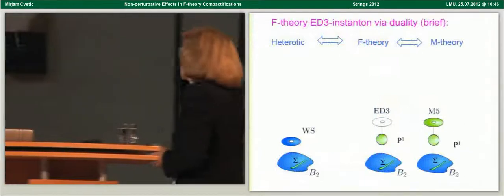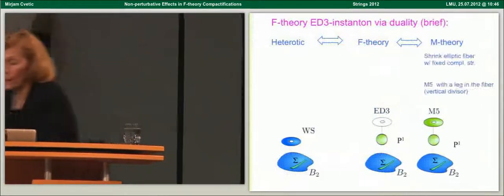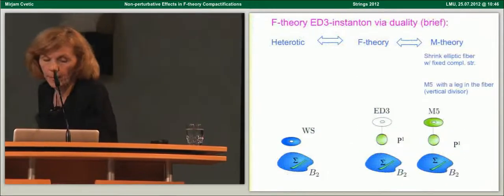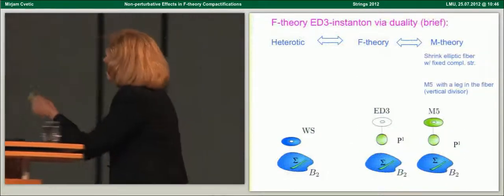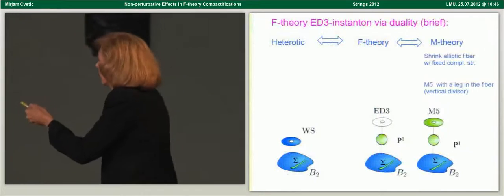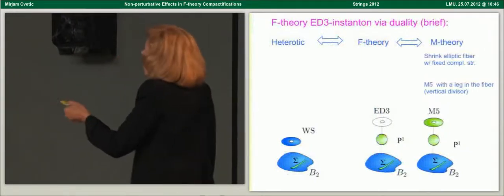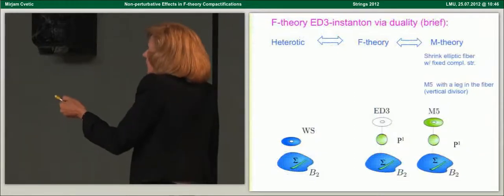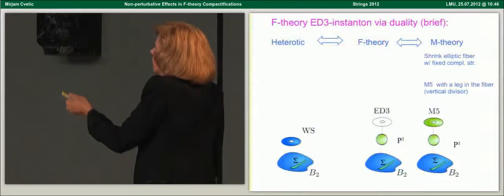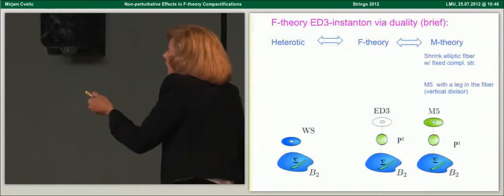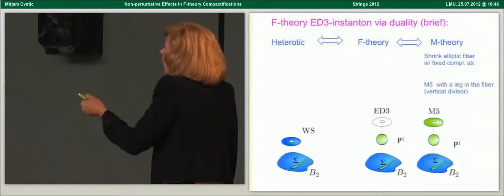In this case, the elliptically fibered fourfold can be mapped onto a description of this Euclidean D3 instanton in M-theory as a Euclidean M5 brane.